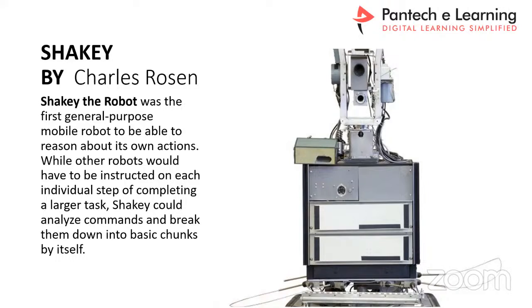But with Shakey, you can give a single command that comprises small tasks, and it can separate this one big command into small tasks and execute them. That's why it's called a general purpose robot.